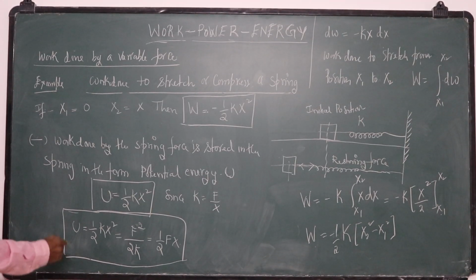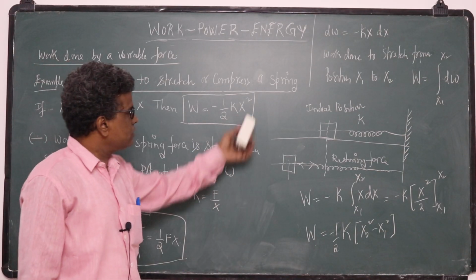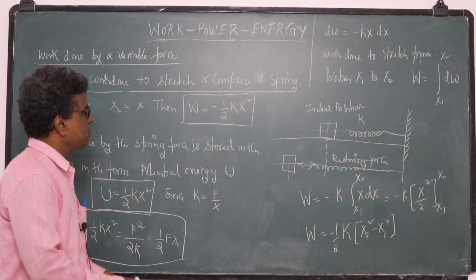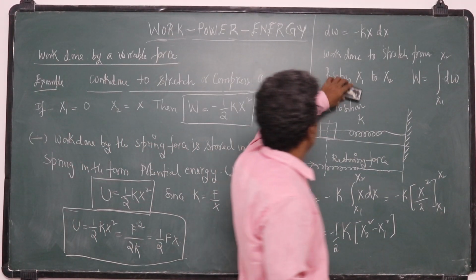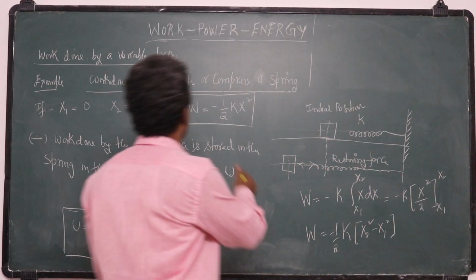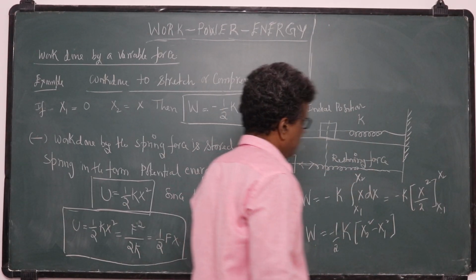This is the negative work done by the spring force. It is a function of x only. So work done by the spring force is minus half k x square.